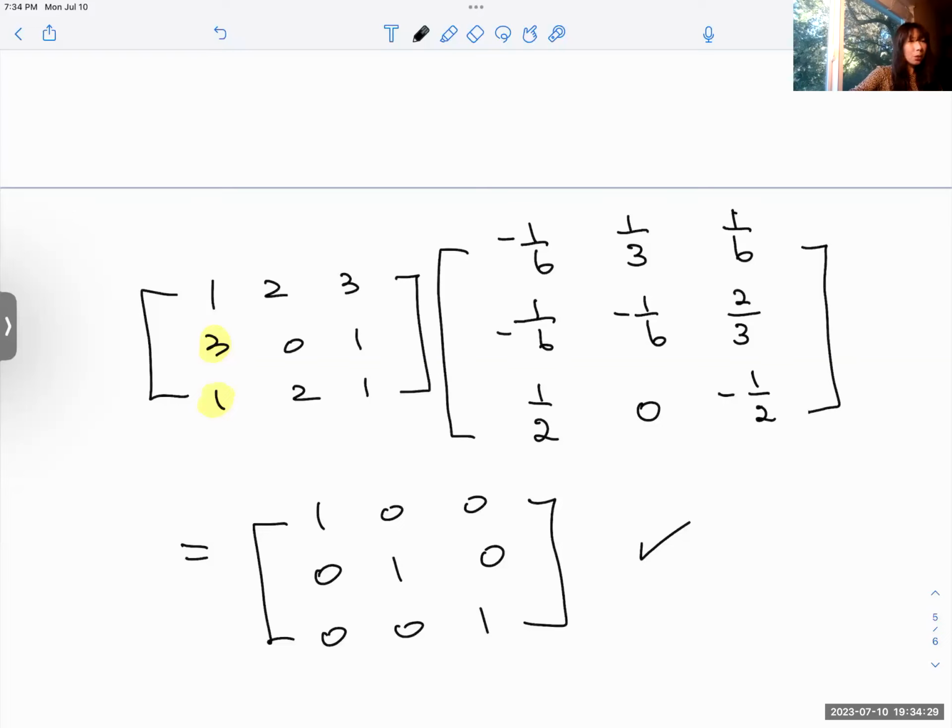Okay, so let us talk about Cramer's rule. We have the system of equations.